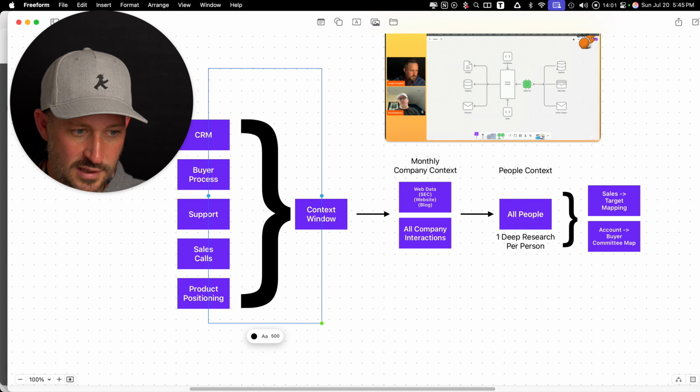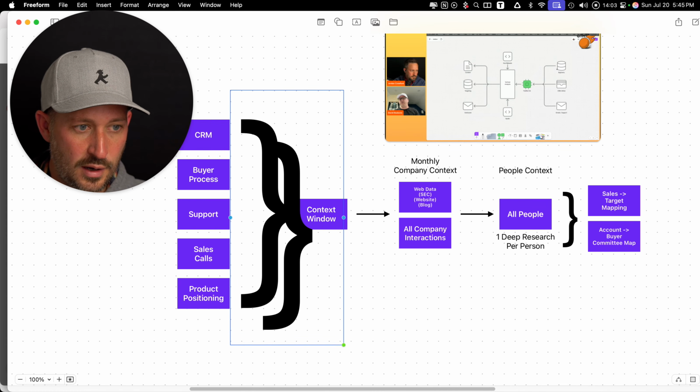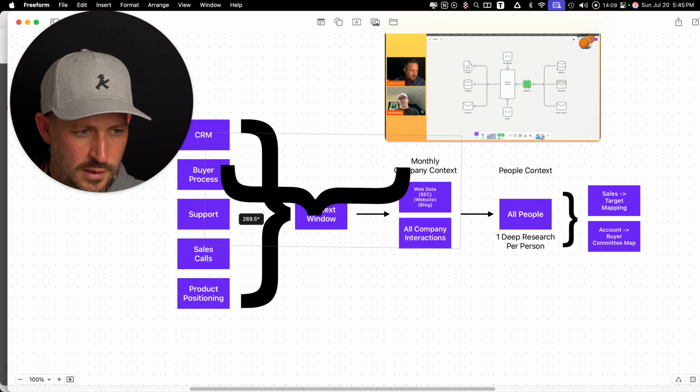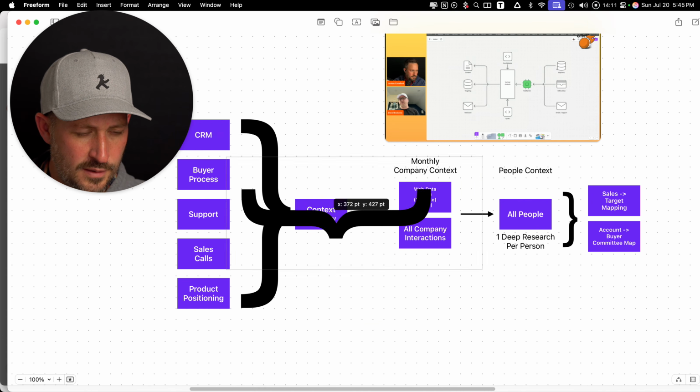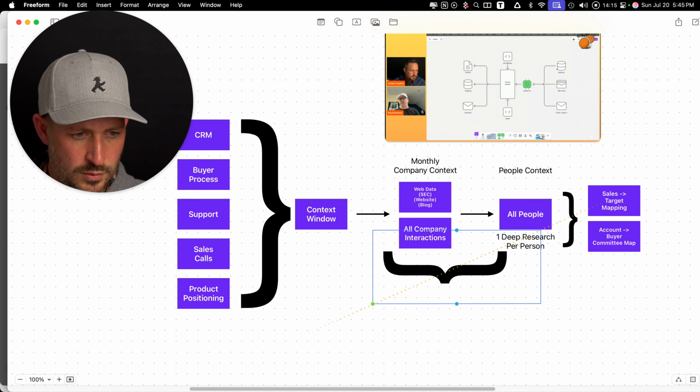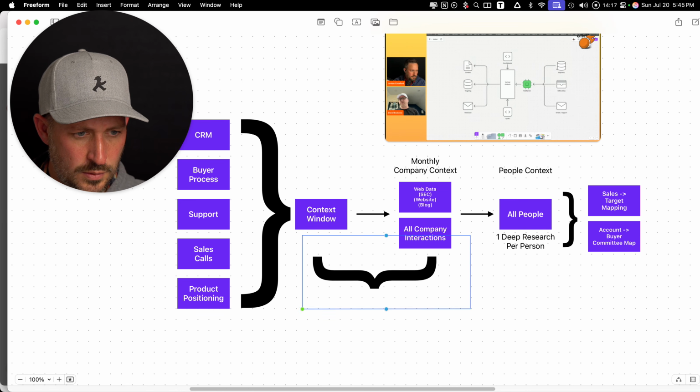So these things actually are kind of, let's see if I can rotate this. I can. This is like run as a unit. Run together.